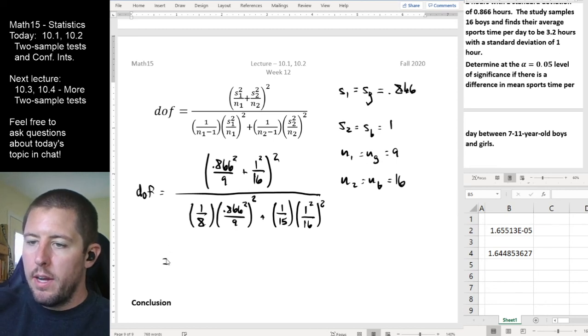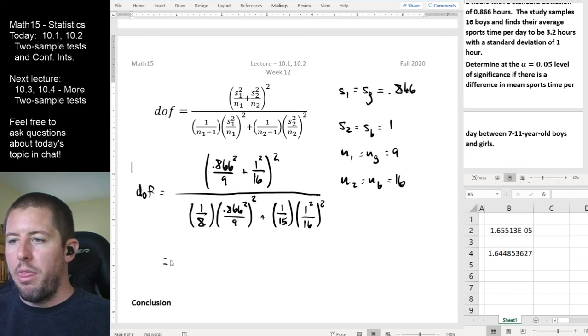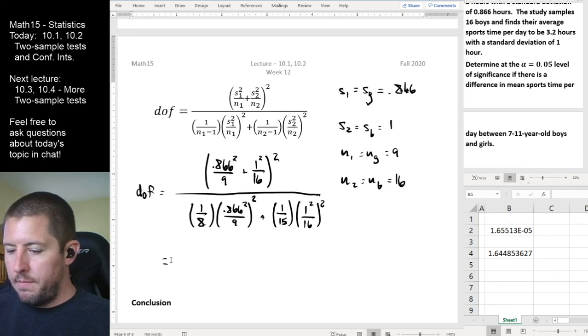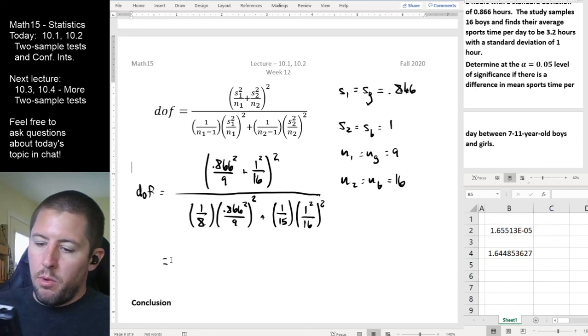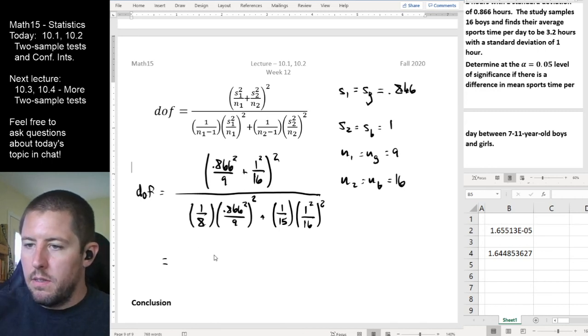So I'm going to go ahead and compute this degrees of freedom term. Maybe I'll just do the separate terms. For the numerator, I've got 0.866 squared divided by 9 plus 1 over 16, and I'm going to square that whole thing, which gives 0.021266.